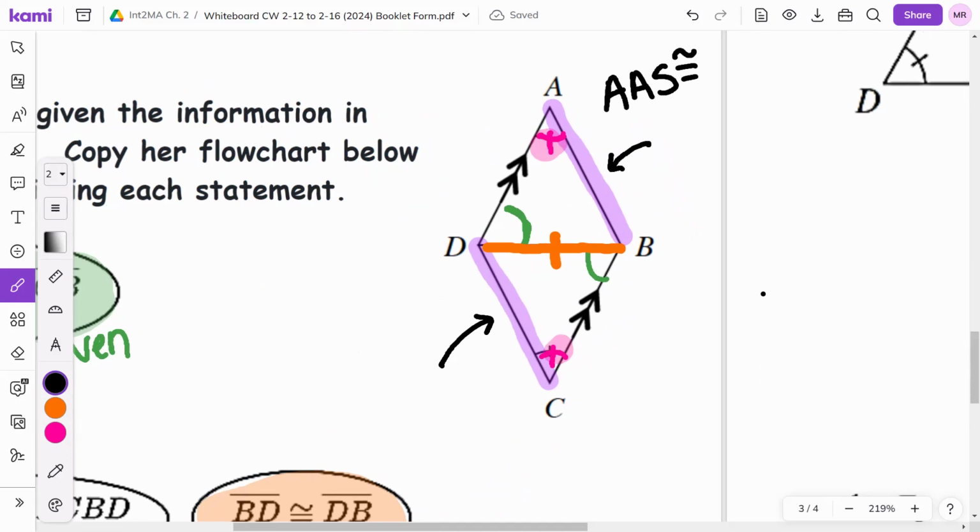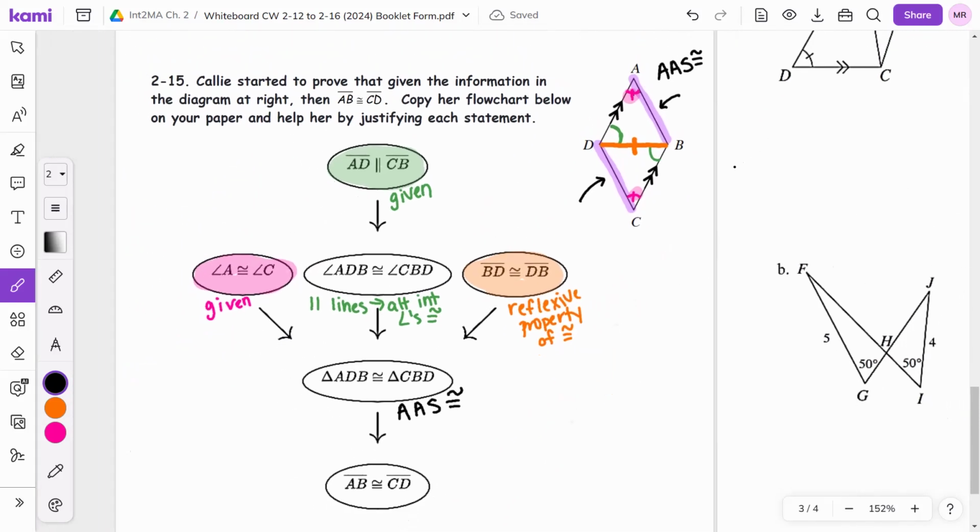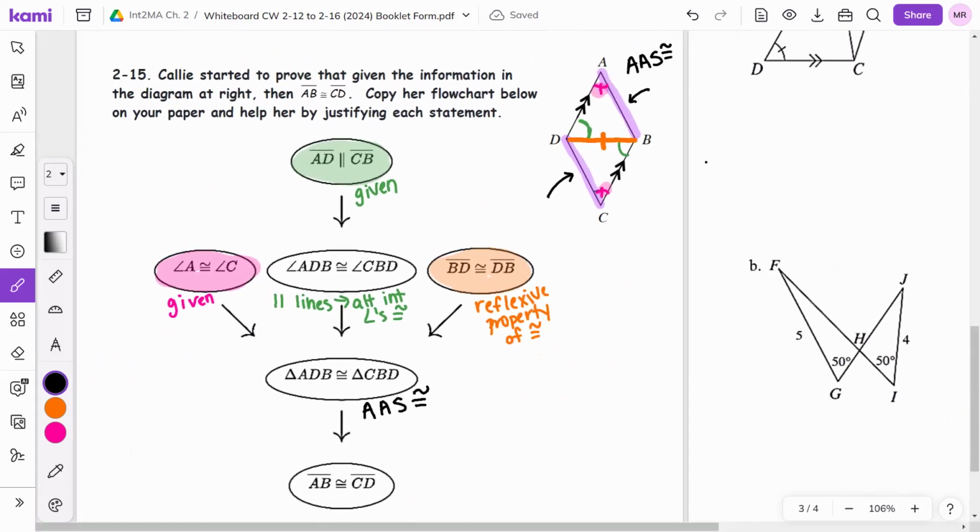But what I do know is that if the triangles are congruent, then their parts are congruent. So since the triangles are congruent, line segment AB is congruent to line segment CD.